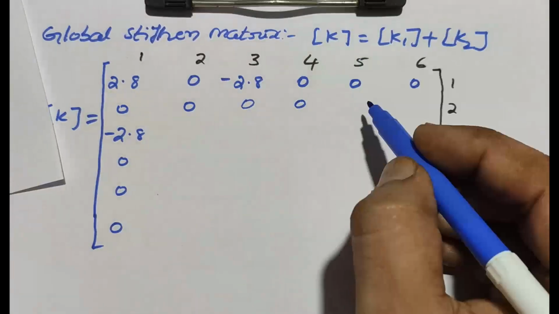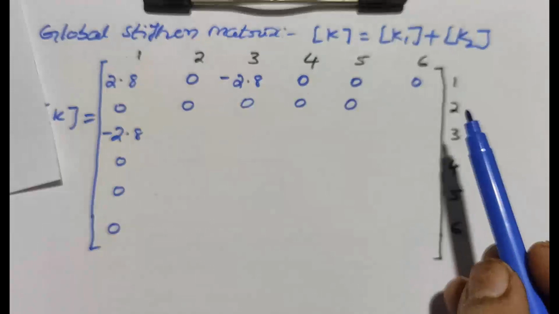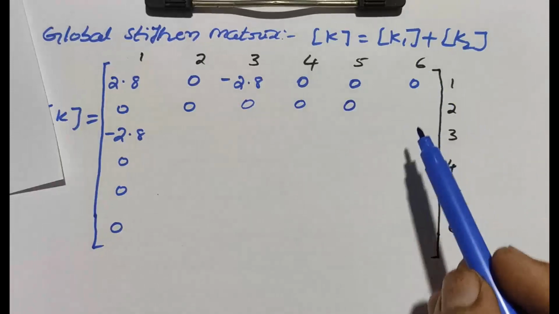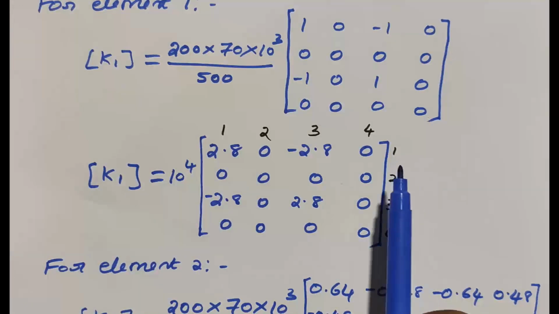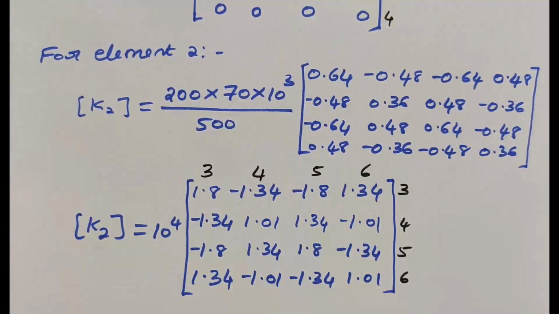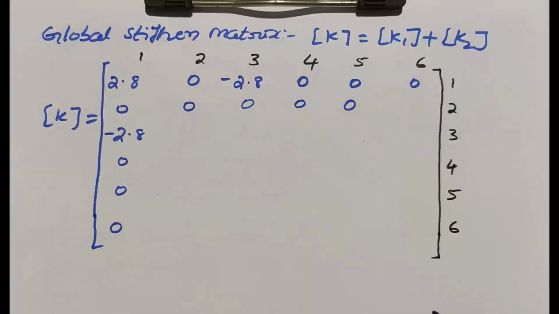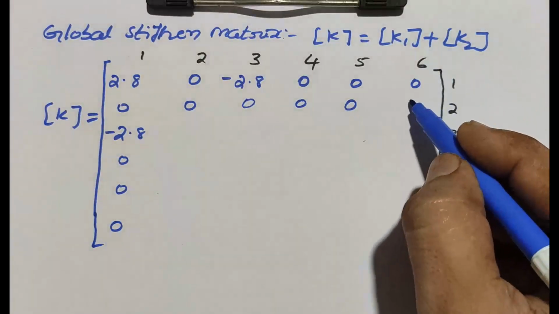So here the element corresponding to 5 and 2 is 0. Next we need the element corresponding to 6 and 2. We don't have any element corresponding to 6 and 2 in K1. Also in K2 we don't have any element corresponding to 6 and 2. Therefore the element corresponding to 6 and 2 is 0.